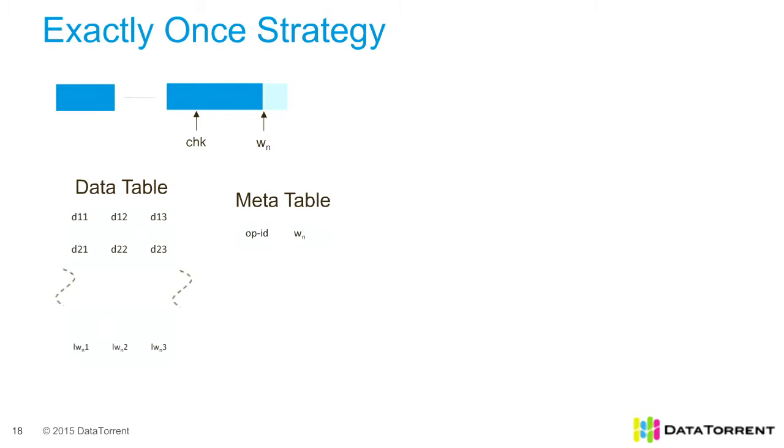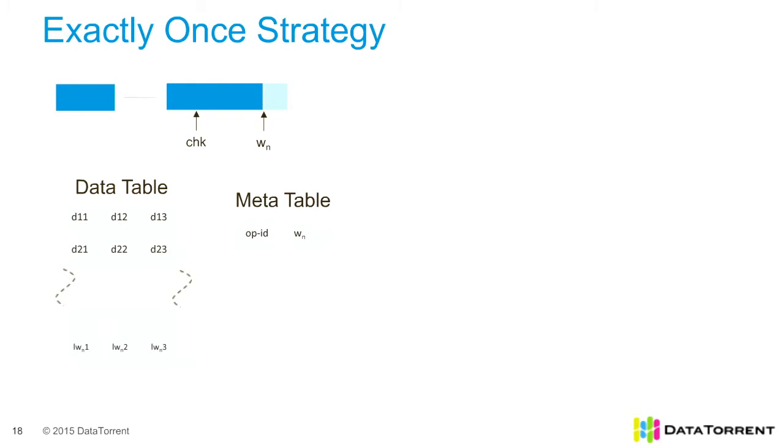So it can be guaranteed that the writes will be committed atomically, or if the commit is not called at the end of the window, the partial data would be discarded. Now, along with the data, the last processed window ID is also written to a meta table as part of the same transaction.